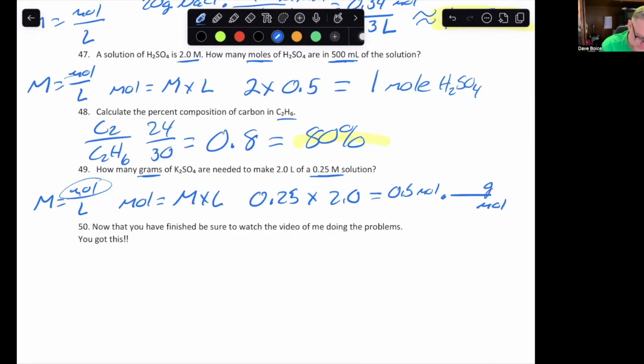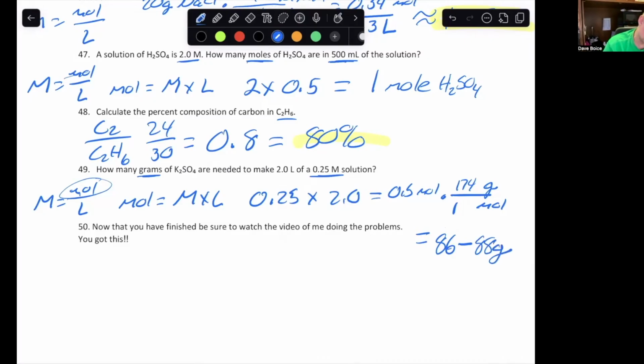So mole to grams, and 1 mole of K2SO4 is equal to 174 grams. And so therefore, your answer is going to be between 85, or let's say 86 to 88 grams.